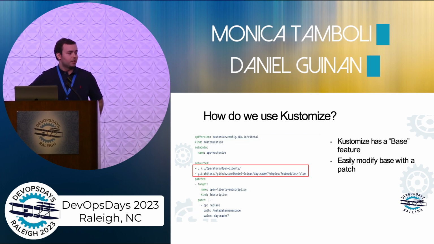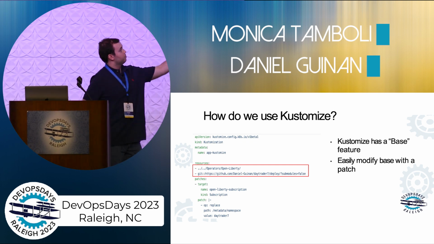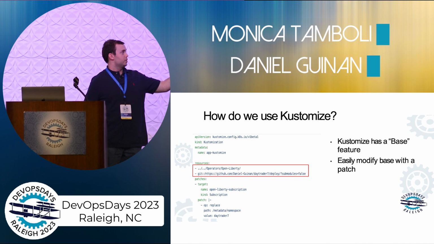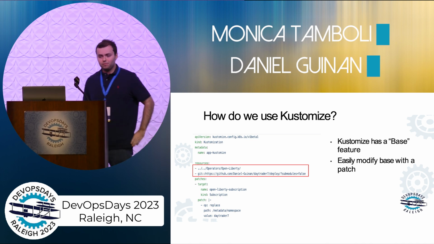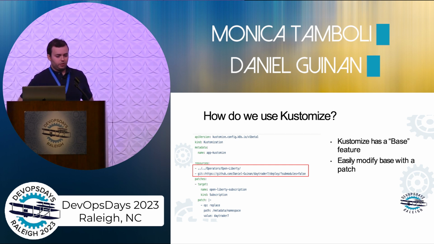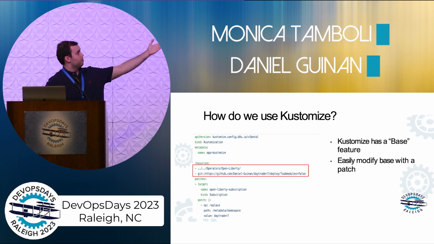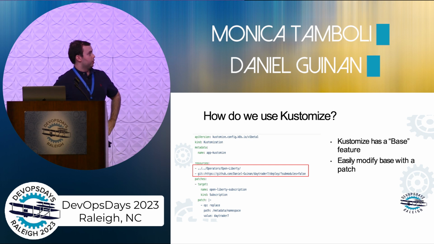Now, how do we use Kustomize? A very basic use of Kustomize is you create a kustomization.yaml, which tells Argo, kubectl, Kustomize that, hey, this is a customized application. And you put the name of it. It has a base feature, in this case the resources, where we're able to point a base being 2 directories up, and also a remote base if we really wanted to.